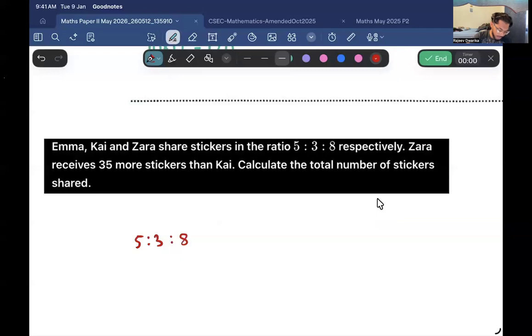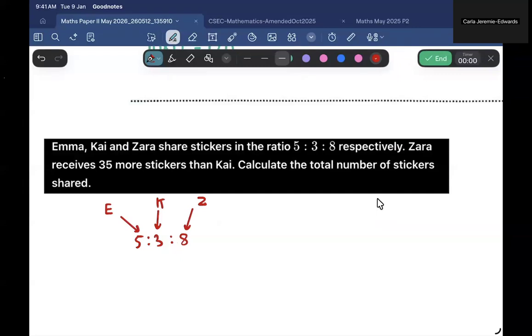I want you to tell me who got the 5 shares. Emma. Who got the 3 shares? Kai. Who got the 8 shares? Zara. Anybody have trouble figuring this out?